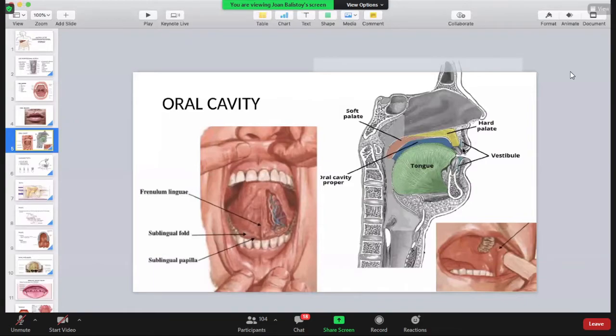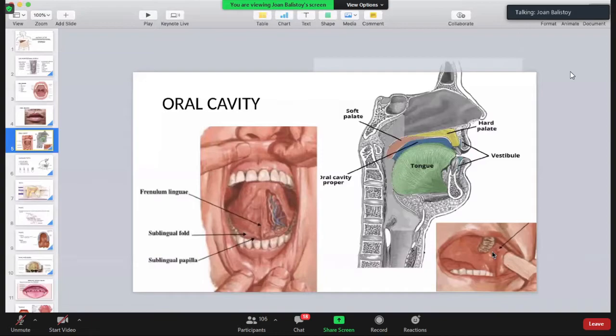Okay, so what are the boundaries of it? Of course, the lips anteriorly, laterally, the cheeks or the buccinator, posteriorly and medially, the teeth and the gum. Now, there are several parts in the oral cavity that you should take note of. And what are those? First, the opening of the parotid gland.